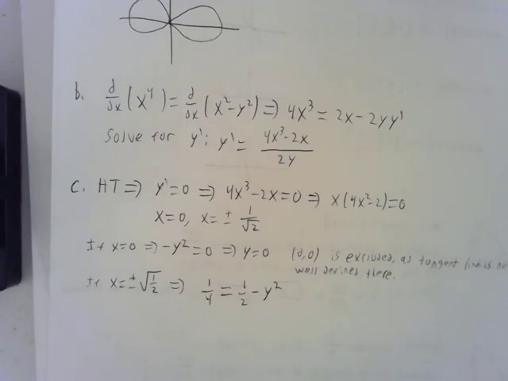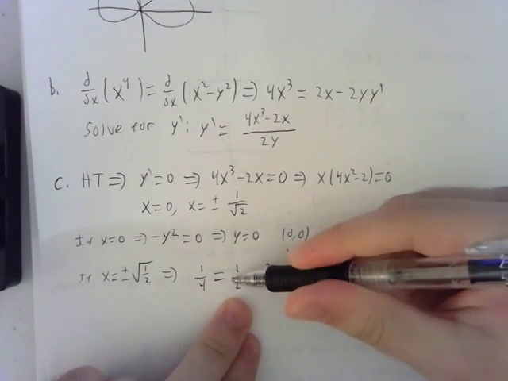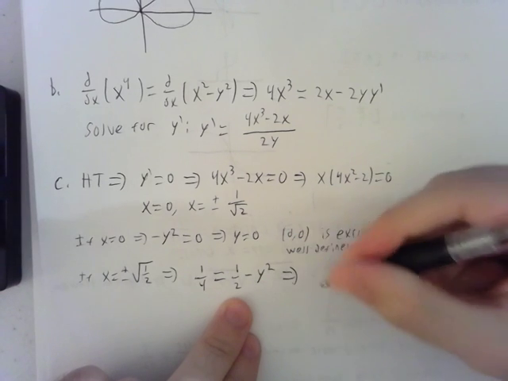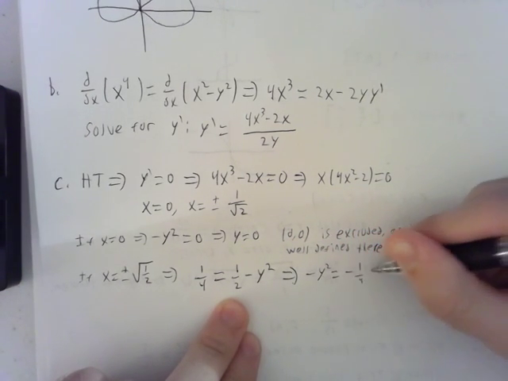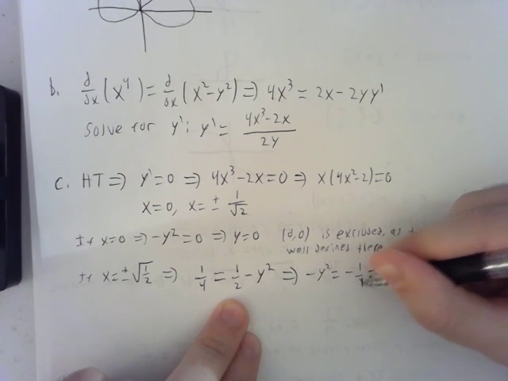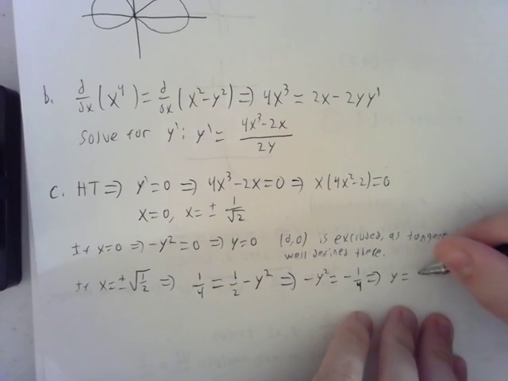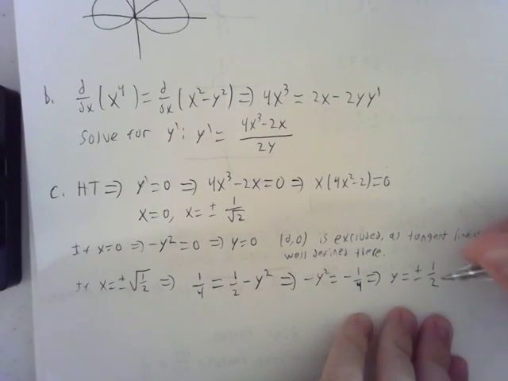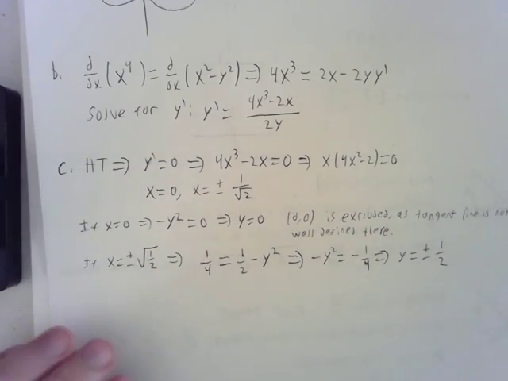So now we'd like to solve for y. Well, if we move the 1/2 to the other side, we'll get negative y squared equals negative 1/4. And this implies that y is equal to plus or minus 1/2 if we divide by the negative and then take the square root of both sides.